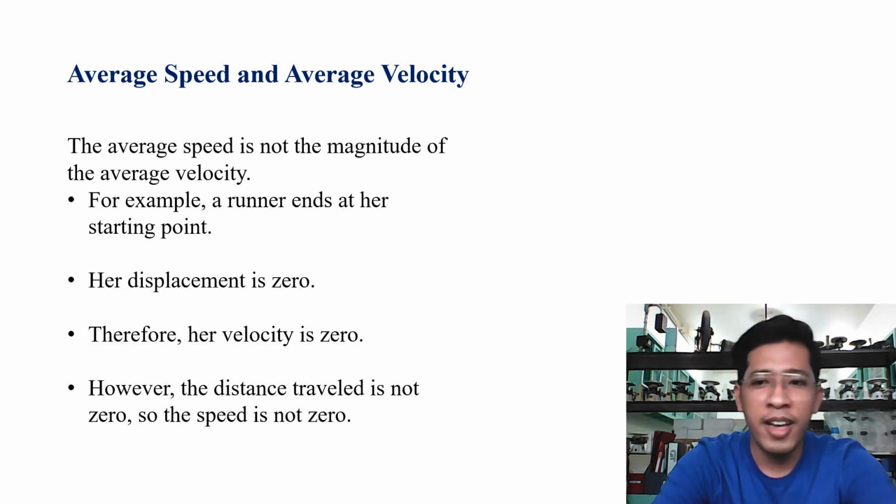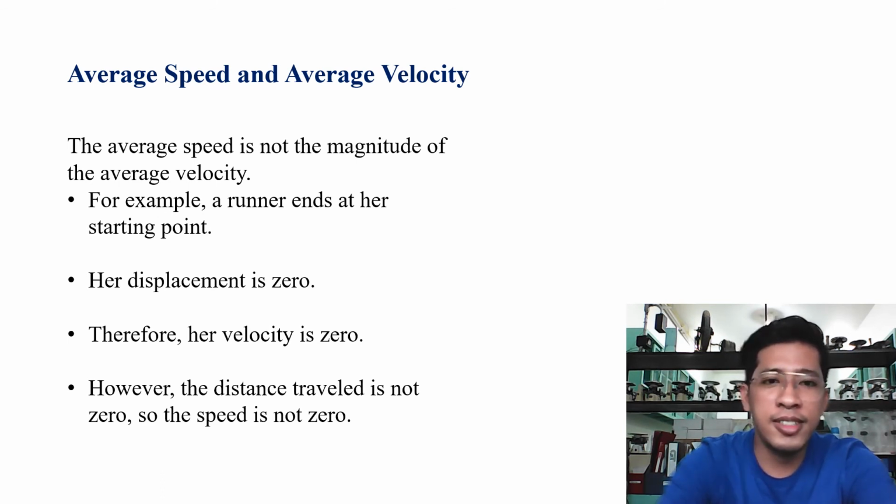By the way, an important note to remember is that the average speed is not the magnitude of the average velocity. For example, we have a runner who ends at her starting point. Say the starting line is the same as the finish line.